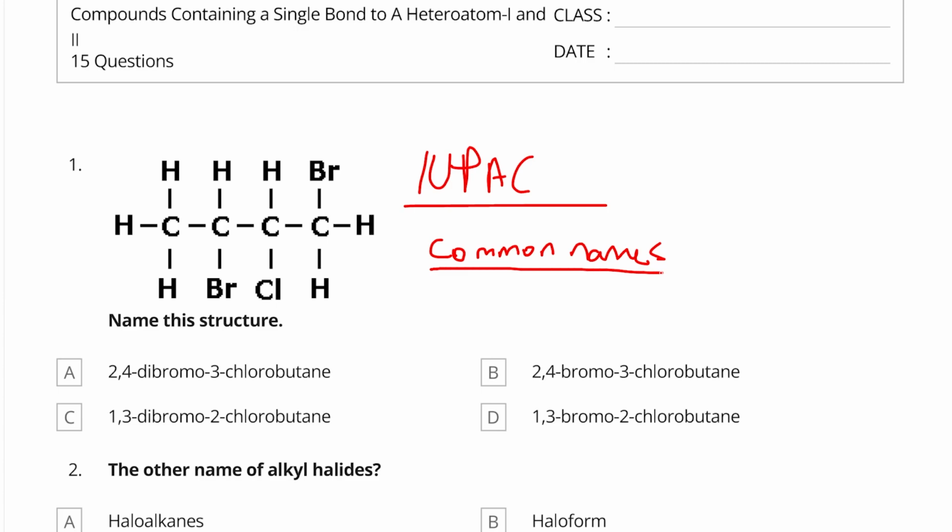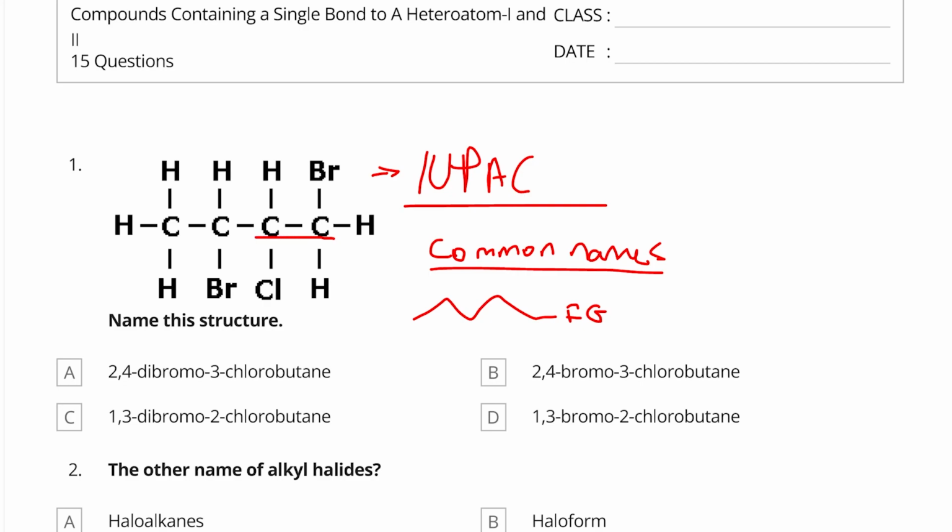But to put a common name to an organic molecule, it must be a simple structure. It must be a carbon chain, an alkyl chain, attached to the functional group. If there are different substituents or different functional groups, we cannot put the common names. Thus, we have only the IUPAC naming.